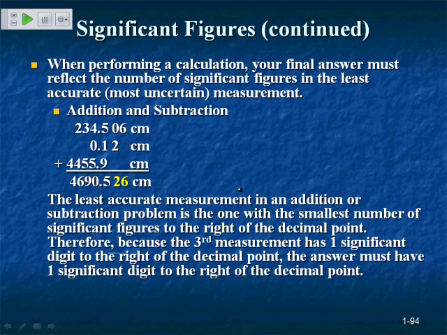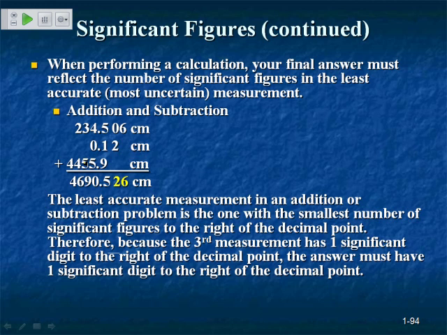Once again, here are three numbers: 234.506, then 0.12, then 4455.9. If you are adding all this, this is the answer we will get, right? We will bring down 6, 2 plus 0 is 2, 9 plus 1, 10, 5, 15. So you will carry forward 1 to the next step. You know the long addition. You did the addition. Now what do we do?